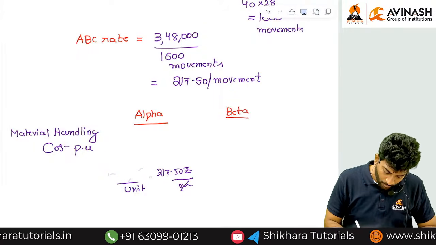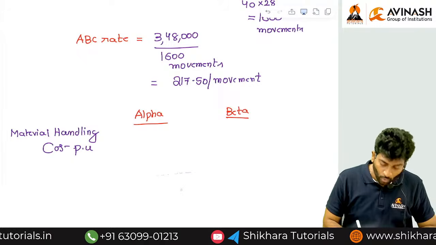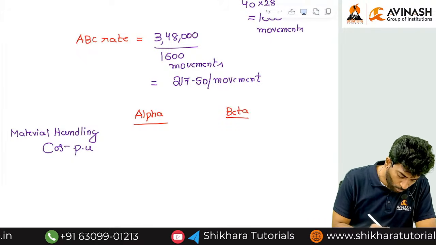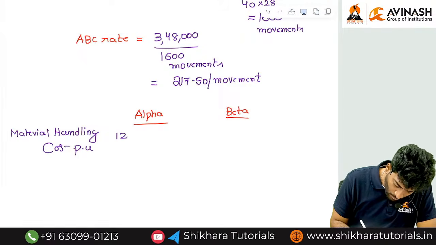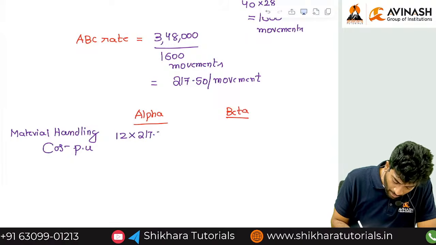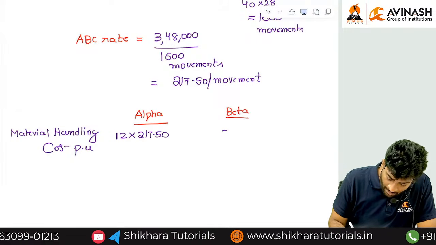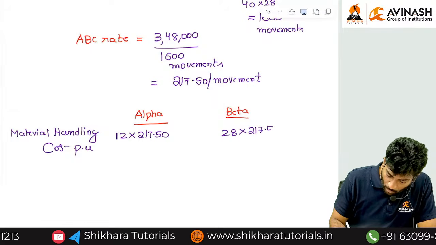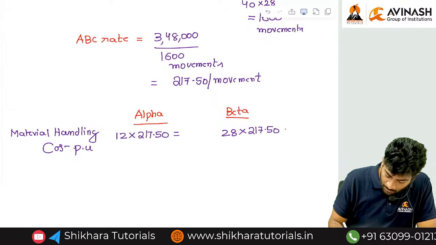So for 1 unit, how many resources are you taking? You are taking 12 movements into 217.50 for 1 movement rate, and for beta 28 movements at the rate of 217.50. Numbers please.